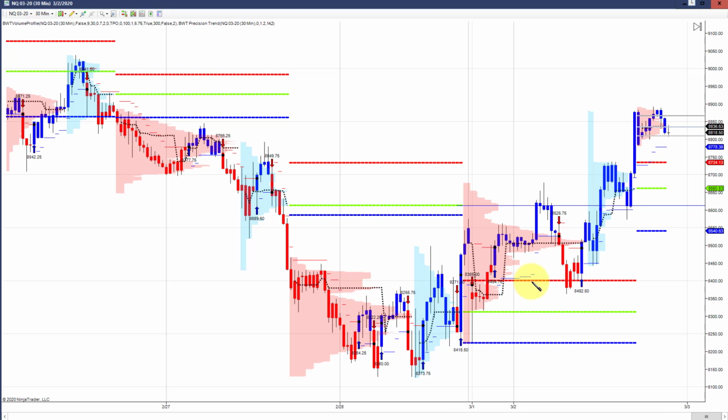This is the high of the value area. And then the market traded through this level up to the high of the value area from 2 days ago, and then back to the point of control here.